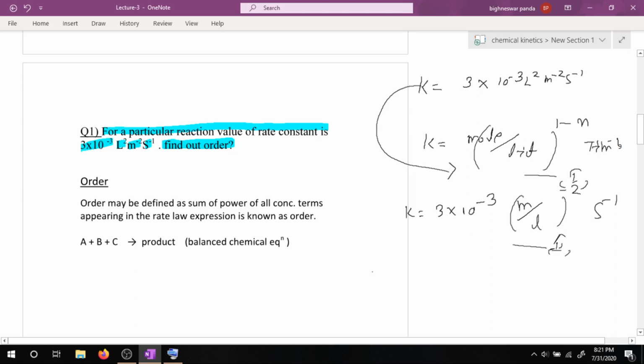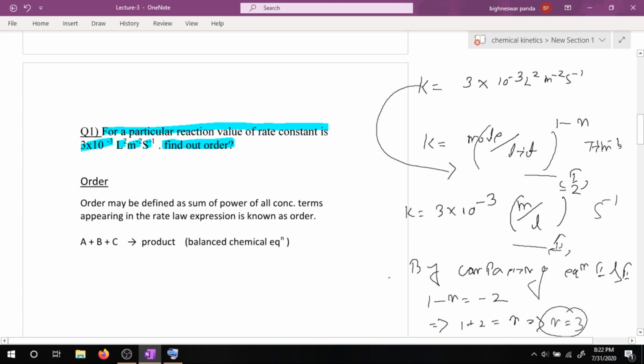By comparing equation 1 and 2, I can write 1 - n = -2, so 1 + 2 = n, so n = 3. So for this reaction I have order n equal to 3.